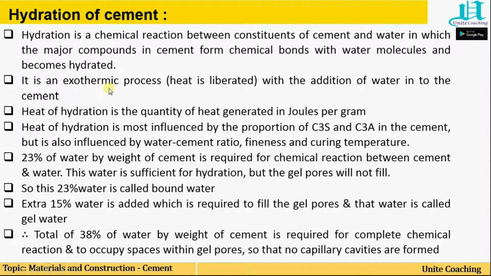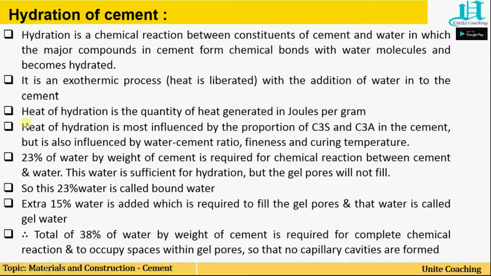Remember this also. What is an exothermic process? That process in which heat is liberated. So, the moment you add water to the cement, heat will be liberated, and that process is exothermic. This liberation of heat by the addition of water to the cement is known as hydration of cement.